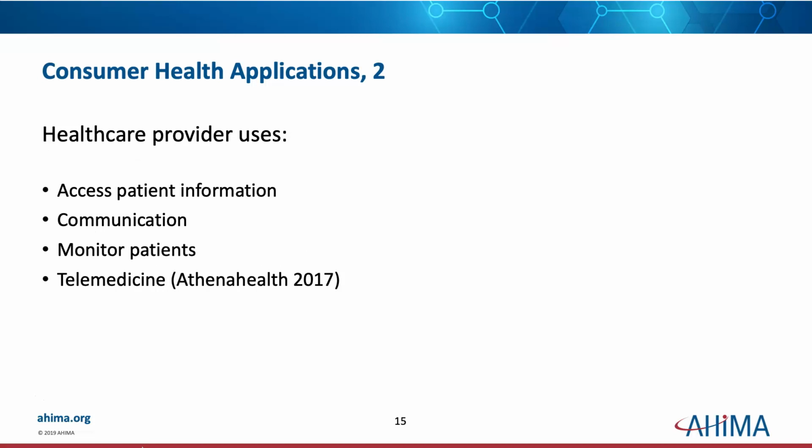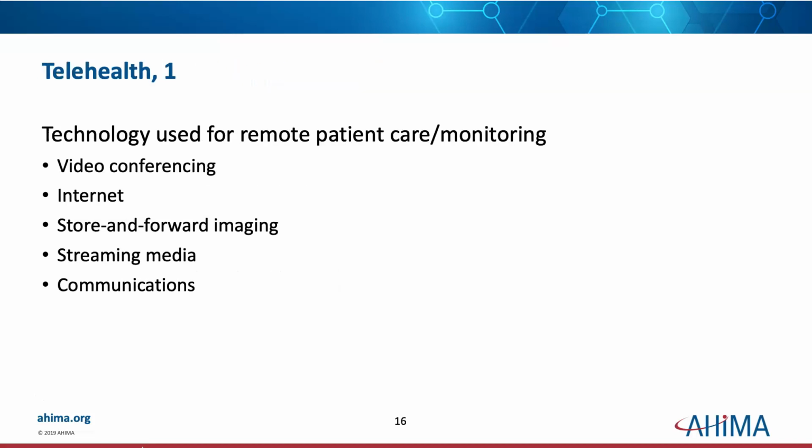Healthcare providers use consumer health applications to access patient information, communicate, monitor patients, and also for telemedicine. Technology that's used for remote patient care monitoring is called telehealth. And it can be video conferencing, using the internet, using store and forward imaging, using streaming media or communications. Your book does a really good job of going through these different things, so I'm going to refer you back to there.